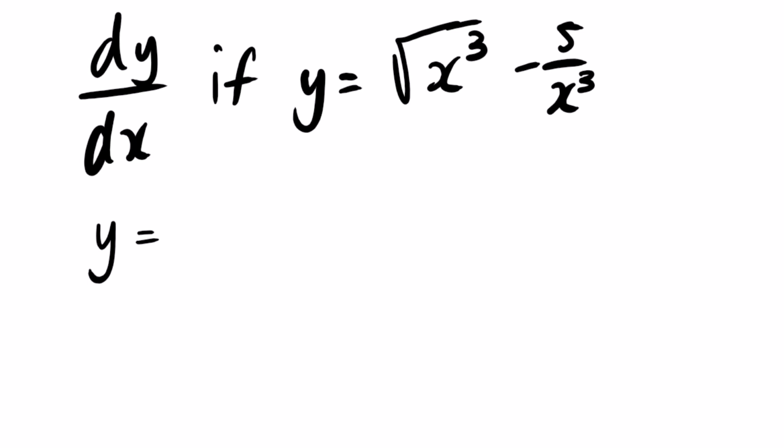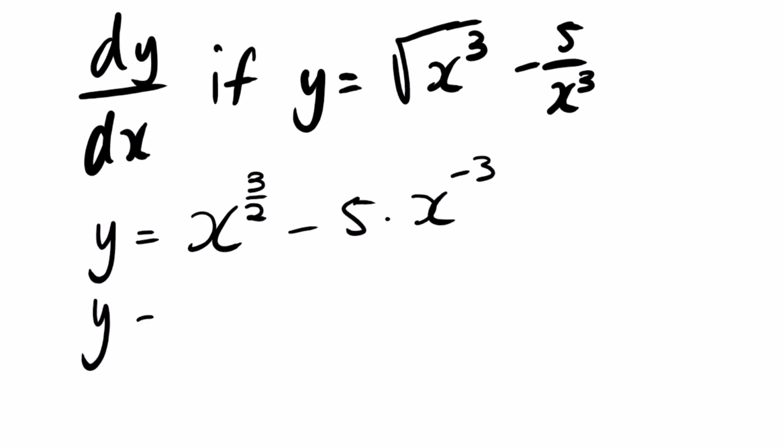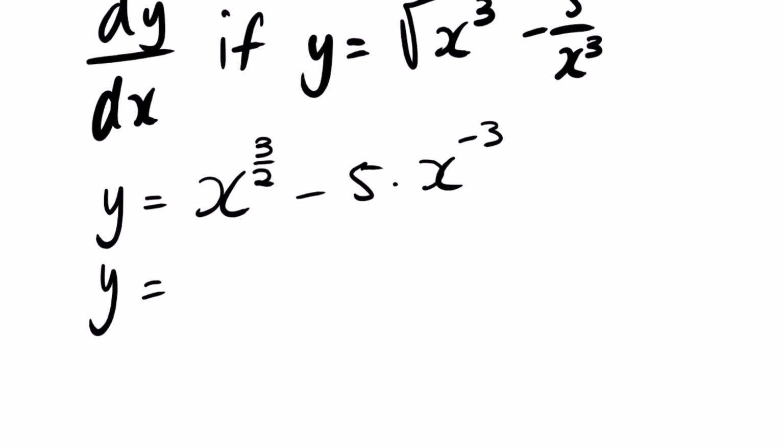So the square root of x to the power 3 is the same as x to the power 3 over 2, minus 5 multiplied by x to the power negative 3. Y is equal to, we derive this, we have 3 over 2 x to the power 3 over 2 minus 1. Let me quickly work this out.